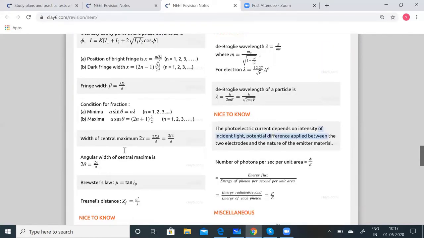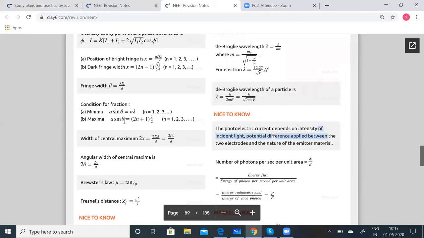Conditions for diffraction. That is, you'll have to know minima. Whenever you need a minimum in diffraction, a sin theta is equal to n lambda, where n is equal to 1, 2, 3.